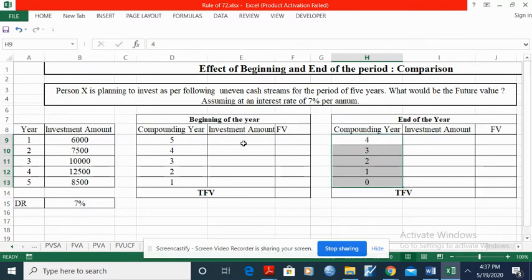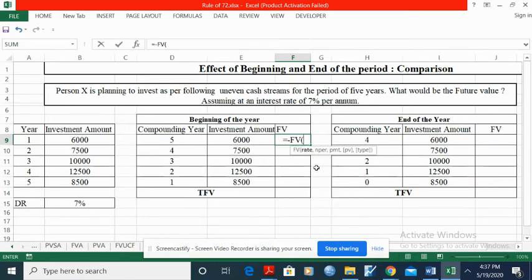Once you understand this compounding years concept, you can apply the direct concept or apply the Excel formula and calculate. Don't enter manual values; take the cell references. So apply the Excel formula for future value calculation: equal to minus FV.